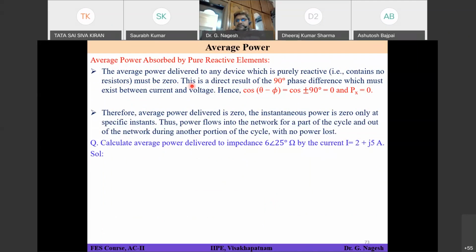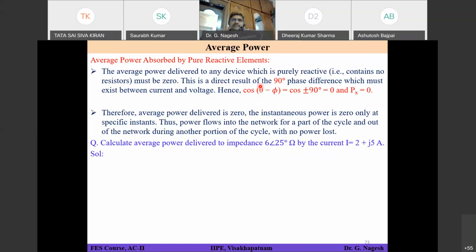In that case, what will theta minus phi be for a pure reactor? It can be equal to plus 90 or minus 90 based on the element. So in that scenario, cos 90 will become 0 and your average value will become 0.